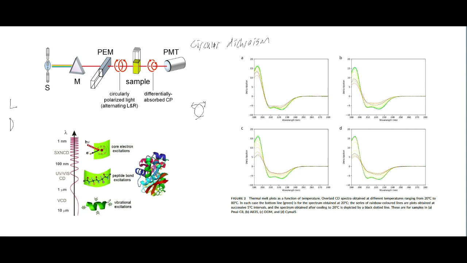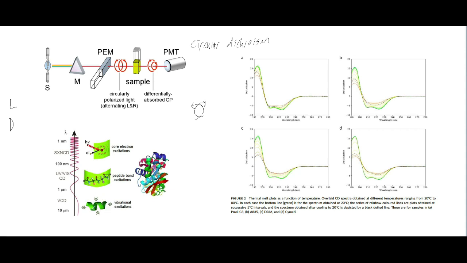The same goes for the alpha helix. This structure will actually compress and expand, making these vibrational excitations, and the vibrational excitations are caused by absorbing and then emitting the light.